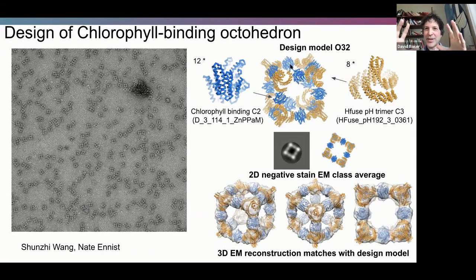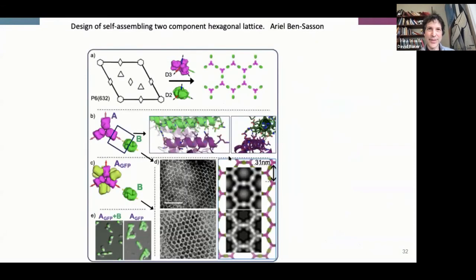And so now we have octahedra with a C2 chlorophyll pair on each axis. And this is again a case where the design is very close to the computational model. So we're now thinking about putting electron acceptors in the middle, like nanoparticles, to try and start creating artificial light harvesting complexes.